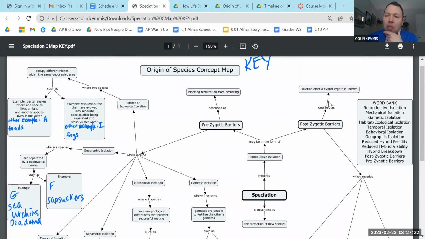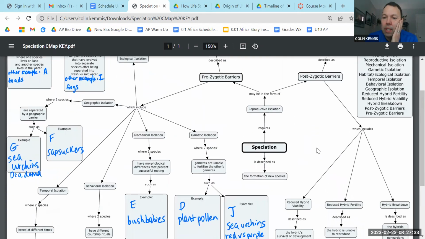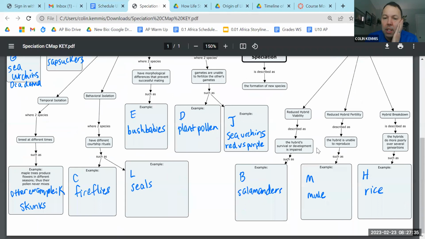All right, let's move over to the right-hand side. This is after the sperm and egg have joined. It's usually the resulting organism is not always true, but it could be different enough. They're not able to breed offspring, or they're not healthy enough, or even after several generations, they're just not healthy.